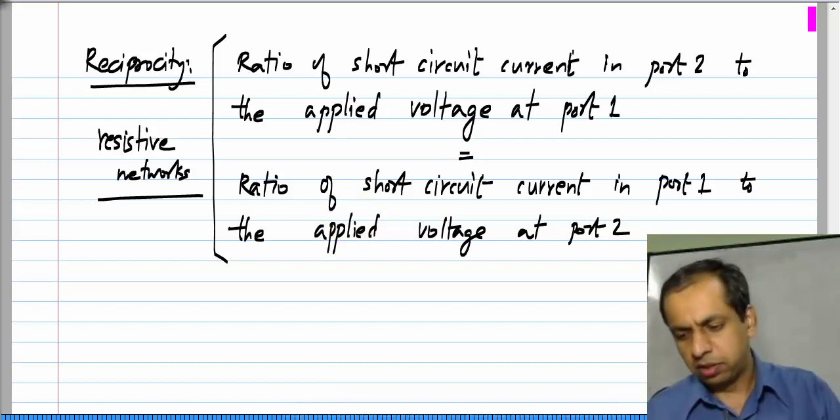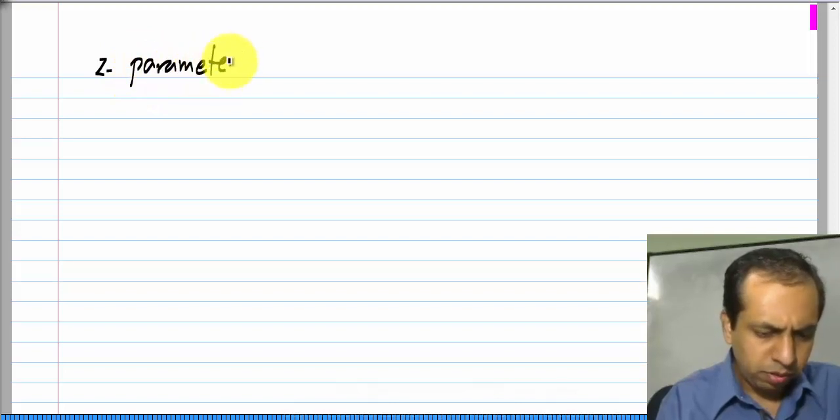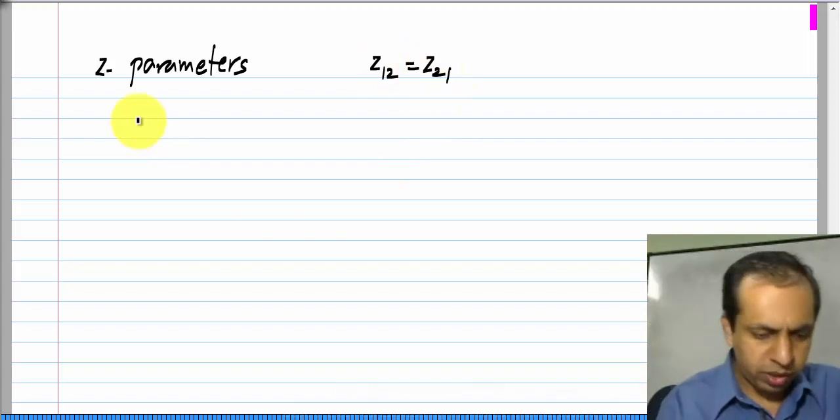Now, similarly, let us say what it means in terms of Z parameters, which says Z12 equals Z21.